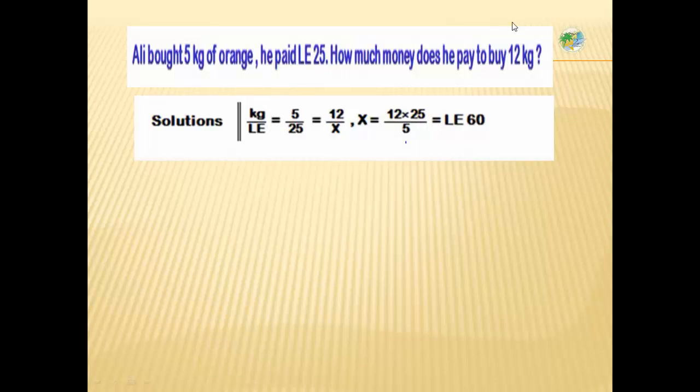The number of kilograms was 5 kilograms over 25 equal, so how much money, we put here the money, how much money does he pay to buy 12 kilograms. Then by cross multiplication 12 times 25 over 5, final answer is 60 pounds.